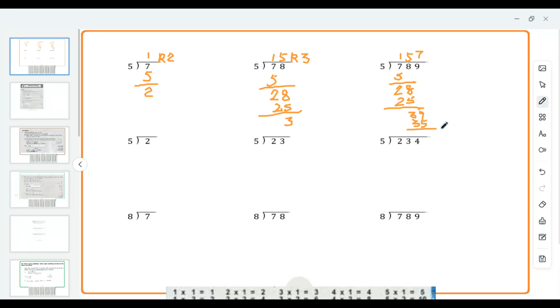Then left over is 4. We call this is a remainder. Remainder is 4. For now, you better write a remainder here so the teacher knows that you really understand what is a remainder. Okay?